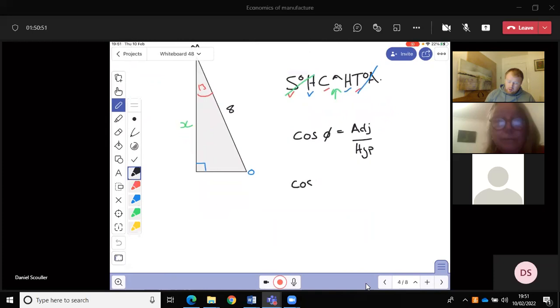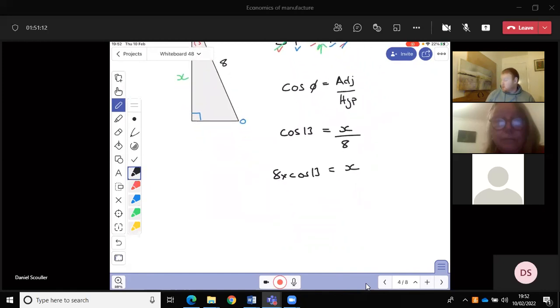Putting in what we know, cos of 13 equals adjacent, which we don't have, which is the letter x, over hypotenuse, which is 8. Taking that 8 across, we've got 8 times cos 13 equals x. Putting that in our calculator.